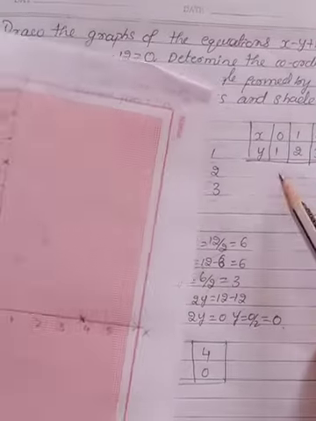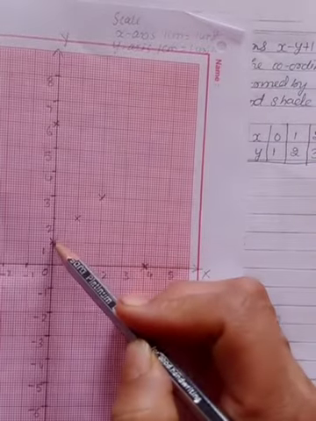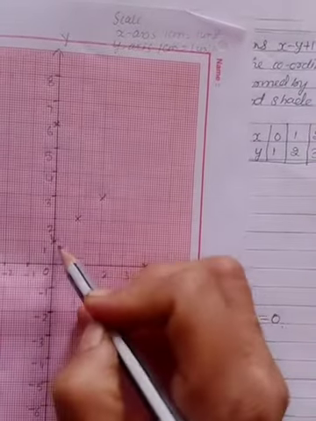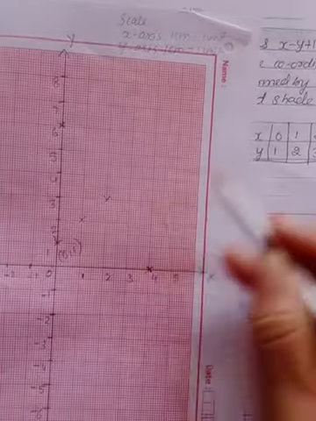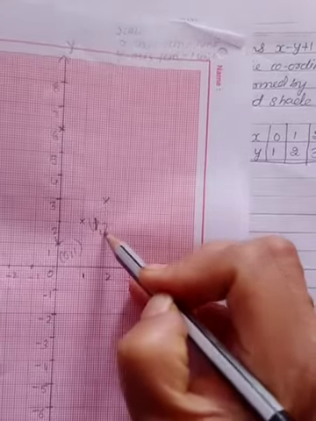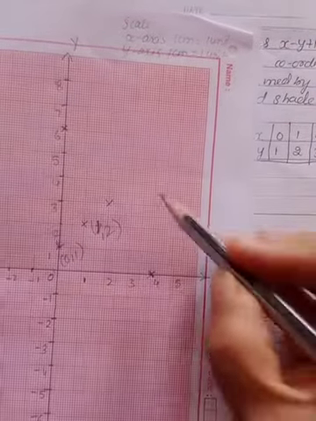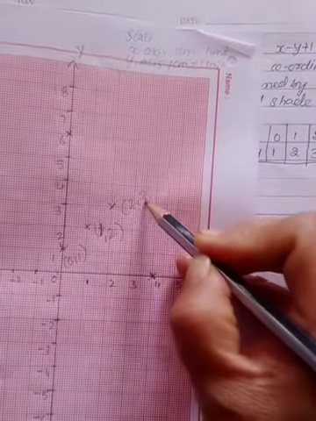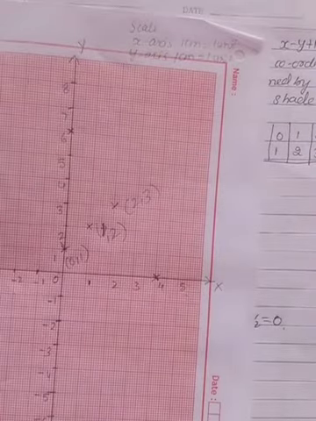Now the first one we will mark: for (0,1), here will be the marking, for (1,2), here is the marking, for (2,3), 2 comma 3. Line 1 we have drawn.